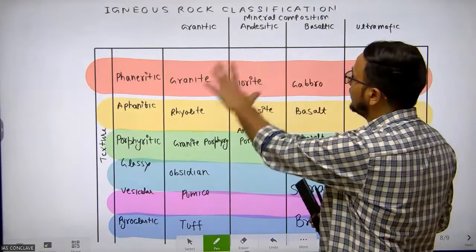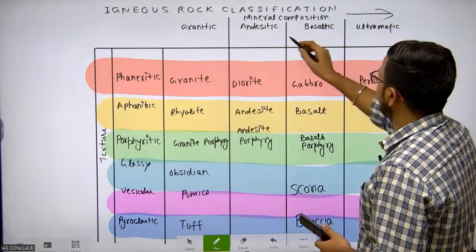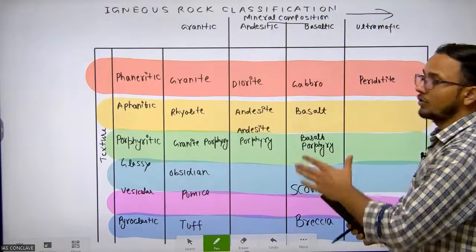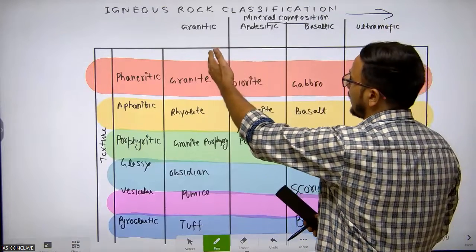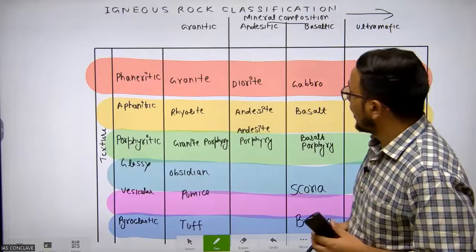This is a chart of igneous rock classification. On the x-axis there is mineral composition, and based on mineral composition, igneous rocks are classified as granitic, andesitic, basaltic, and ultramafic.